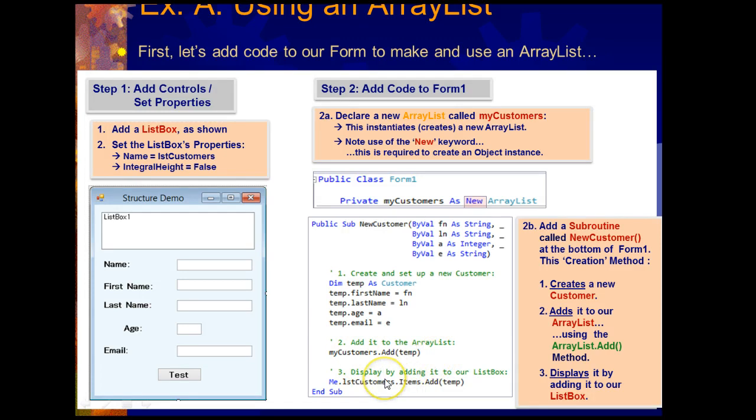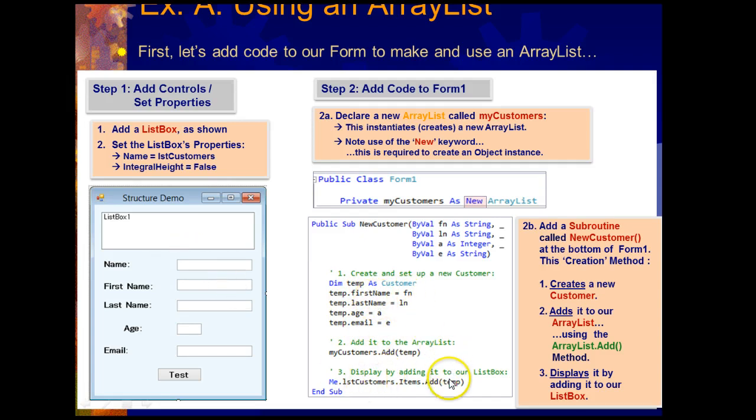Next, the final thing we want to do is display it in our list box. How do you do that? The name of the list box was up here: LST customers. So me.lst customers, where me refers to this form's LST customers, and then the same thing we've done so many times before, items.add, and we want to add this customer.